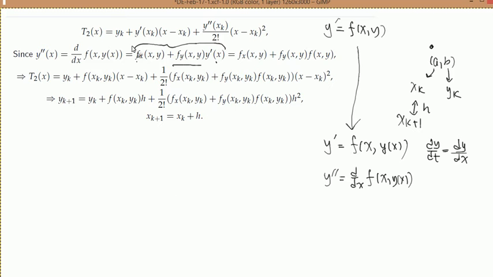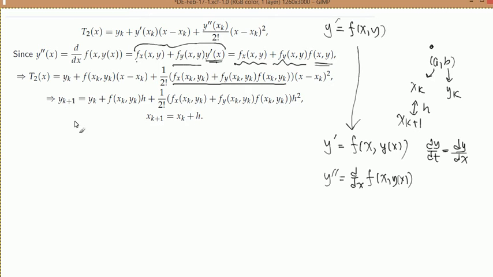Okay? So this y prime can be replaced again with this f of (x, y), right? Because that was the original differential equation. So the y double prime can be written as the partial with respect to x, plus the partial with respect to y multiplied by the right-hand side of the equation. So all these things are available from the right-hand side of the equation. Now if you substitute xk in here, then you get this expression right there.